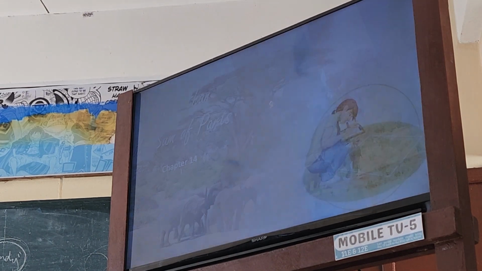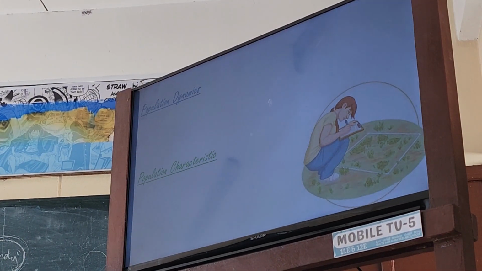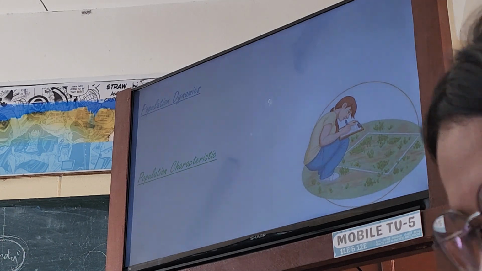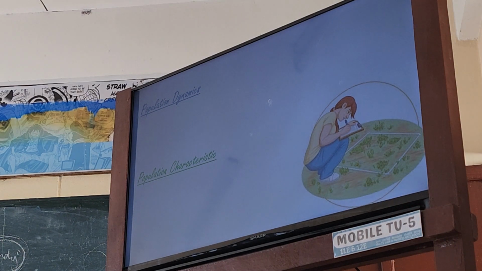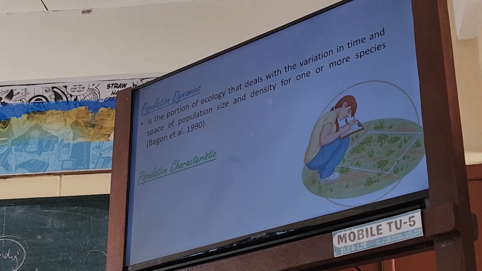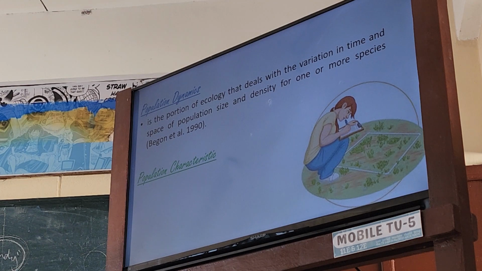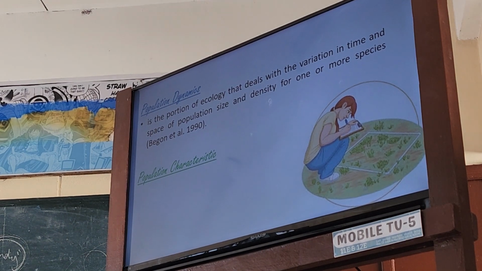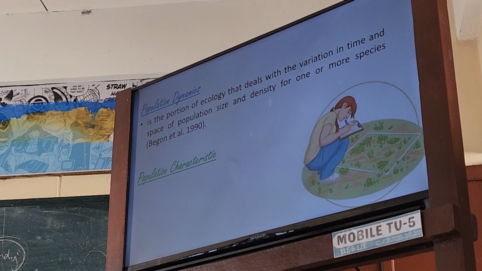Okay, chapter 14. Yesterday we talked about population characteristics, right? But let's differentiate two terms first: population dynamics and population characteristics. Population dynamics is a sub part of ecology which primarily deals with observing the variation of population size and density for one or more species occupying a certain area.